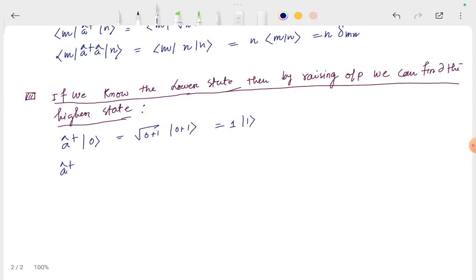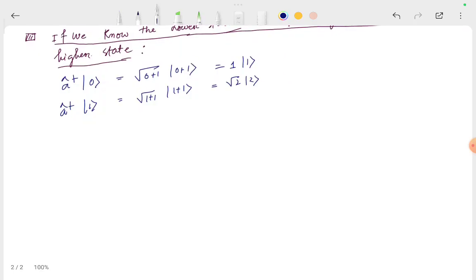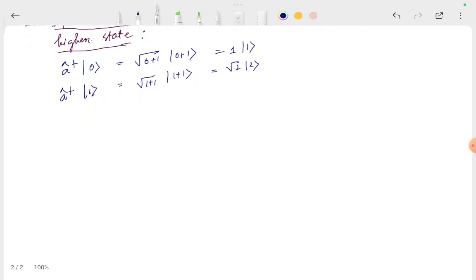Similarly, the raising operator acting on state 1, we get 1 plus 1, so this equals root 2, right?